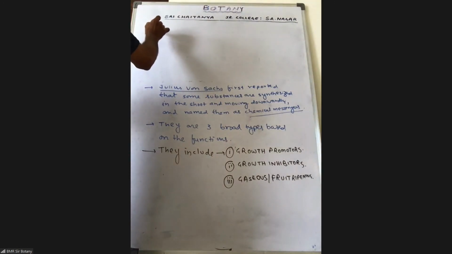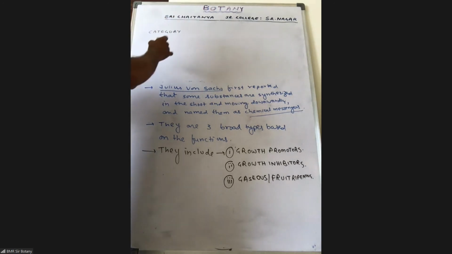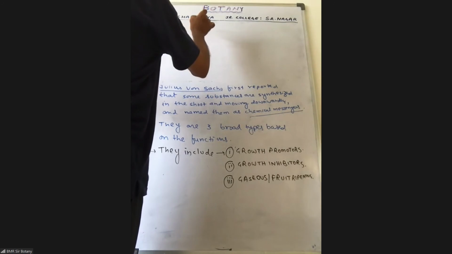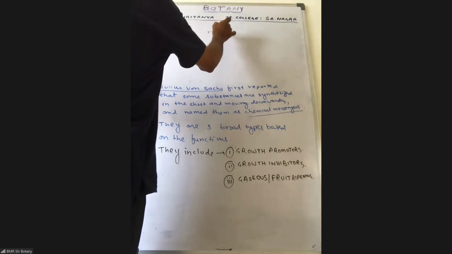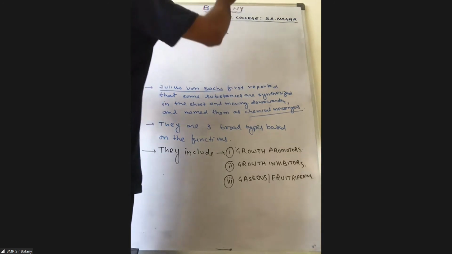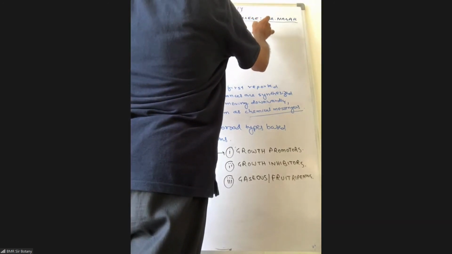Category one, types within the types, then chemical nature.